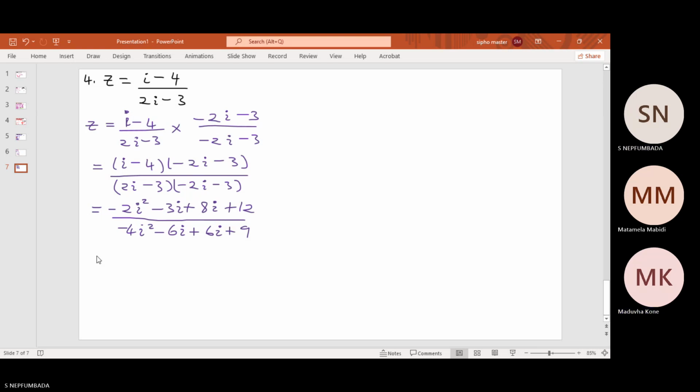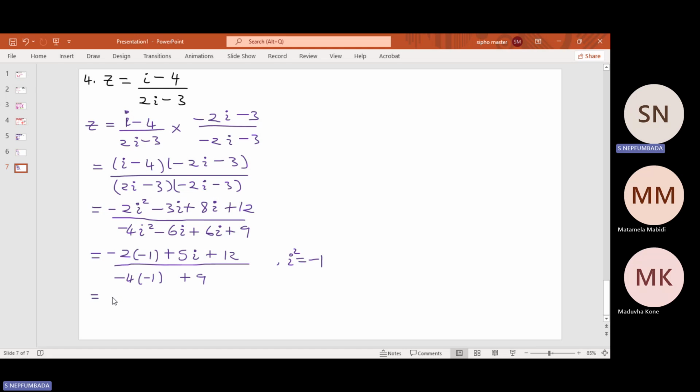Then this is equal to minus 2 times minus 1 plus 5i plus 12, divided by minus 4 times minus 1 plus 9, where i squared is equal to minus 1.